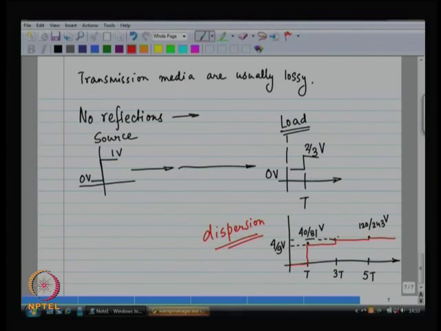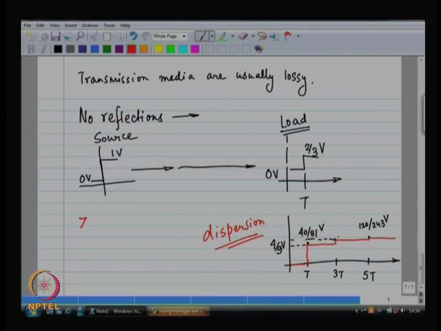This was because the load resistance was not matched to the characteristic impedance of the transmission medium. So, this is not something that is nice. We want the load to be matched to the characteristic impedance of the medium. That is when we get to conserve the shape of the waveform that was transmitted.